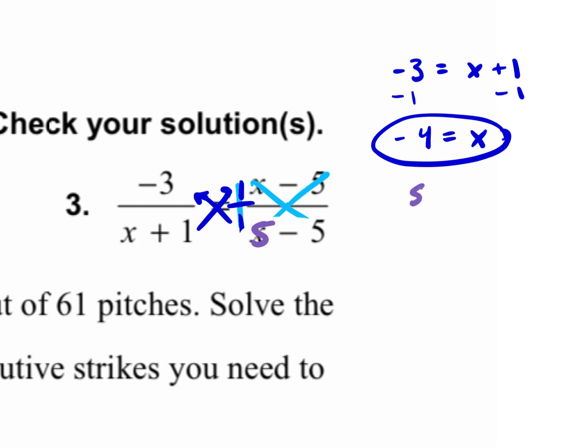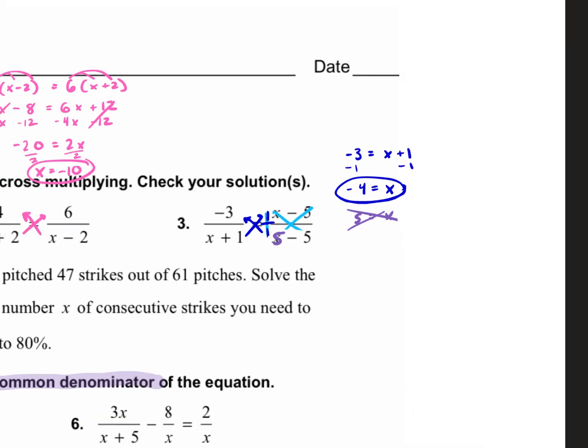So if you had 5 and negative 4 as your answers, you'd have to check them both. And when you plug 5 in, 5 would not work. So your only answer would be negative 4. So that's one of the benefits of simplifying. That way, see, it's a lot easier once we simplified. We didn't have to multiply it out, combine like terms, factor. We just had to combine like terms, and then we were done.